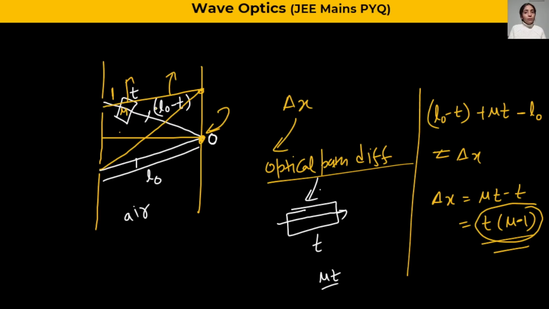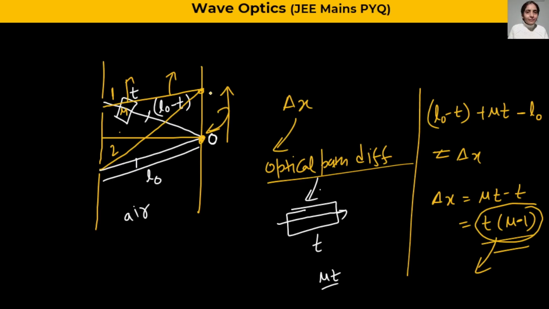That will then only compensate this extra thing t (mu minus 1), क्योंकि देखो सेकंड को आपको ज्यादा चलाना पड़ेगा. Because of this seat present in its way, it is traveling this much greater, and that is why you need to make this second light travel more in order to compensate for this much. So central maxima इधर की तरफ शिफ्ट करेगा, जिधर के लाइट में तुमने सीट को रखा है.